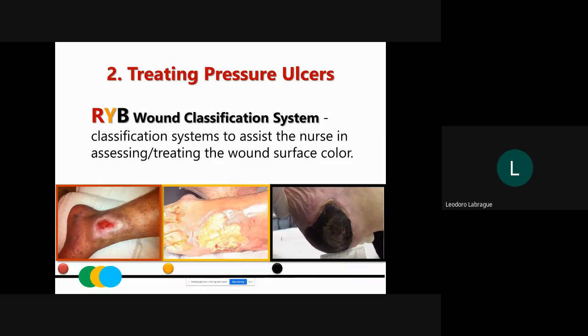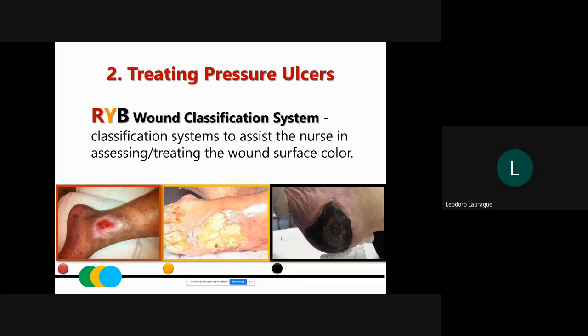In providing treatment to the pressure ulcer of the patient, you need to remember a system. We call this system the RYB wound classification system. Why is it important for you to learn this system? This wound classification system will tell you exactly what treatment you would provide to the patient by just assessing the wound color.